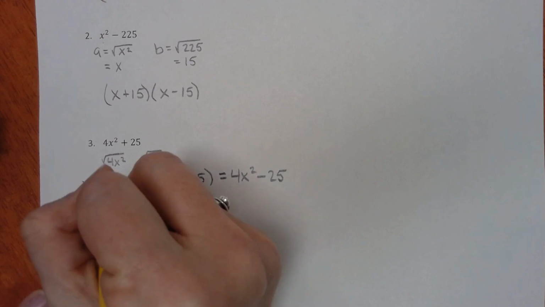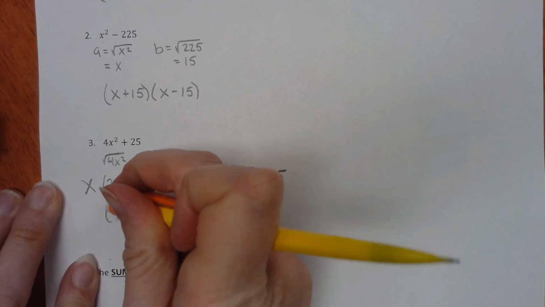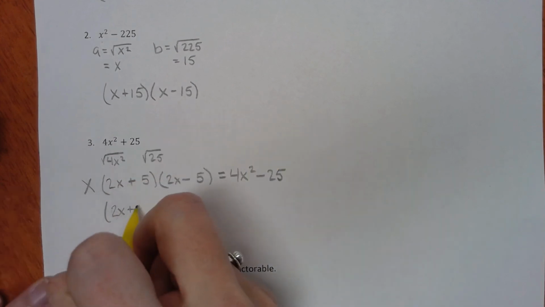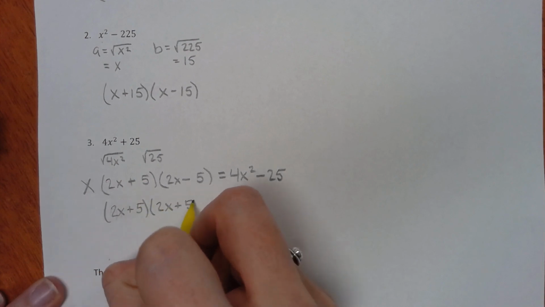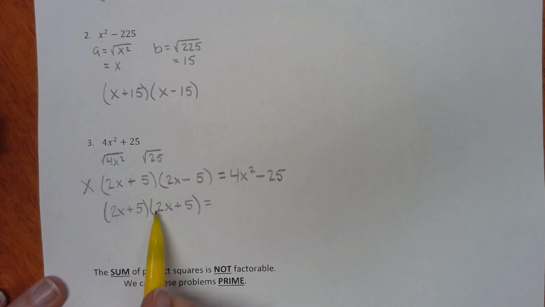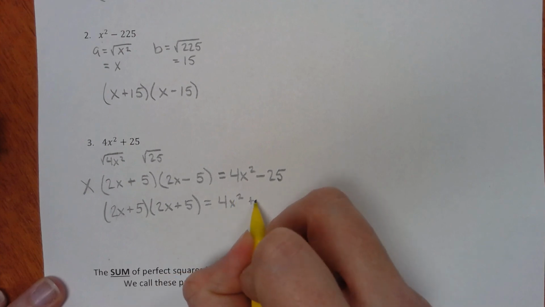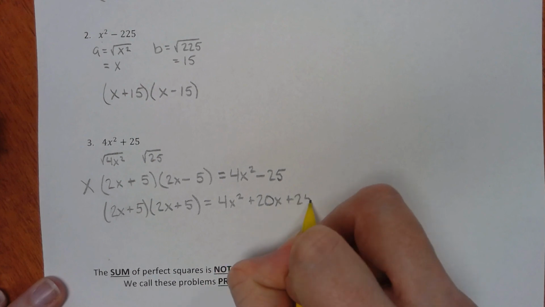Well, what if we had both positives? So, sorry, not 4x, but 2x plus 5, and then another 2x plus 5. If we were to actually use the distributive property and multiply all of this together, you would find 4x squared plus 20x plus 25.